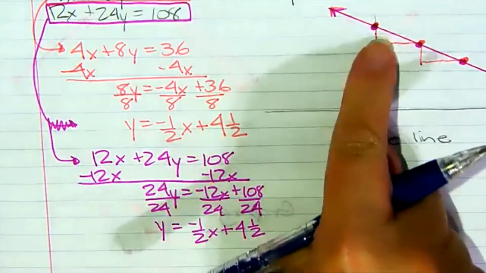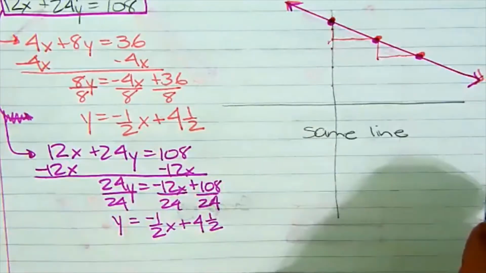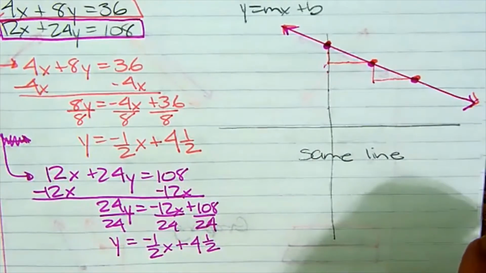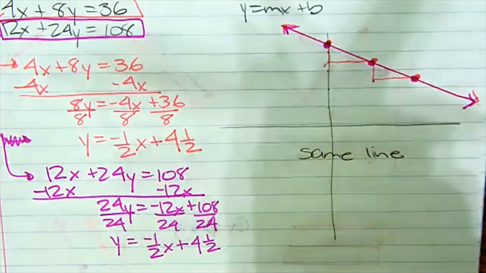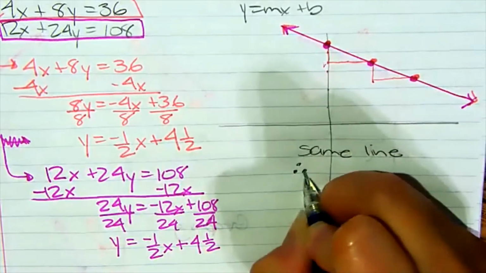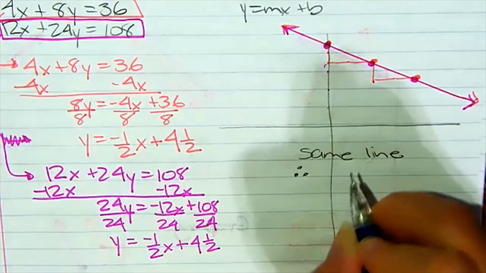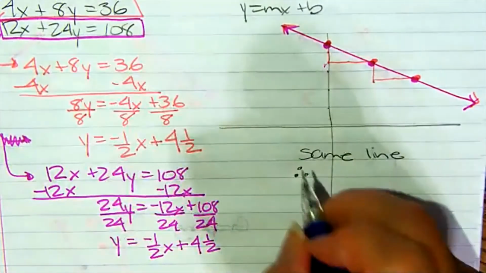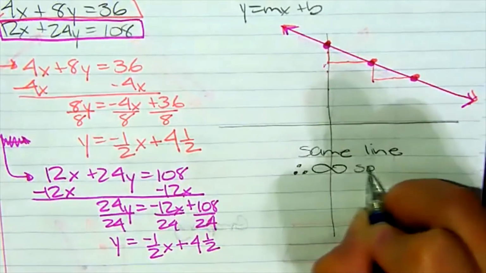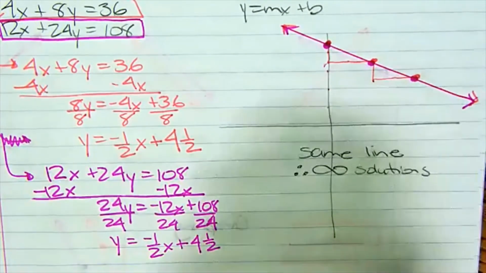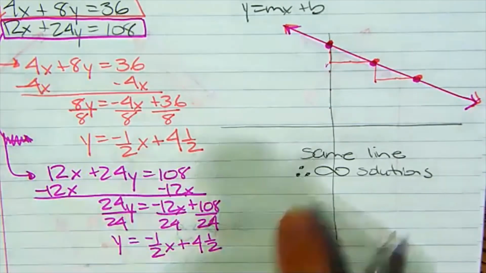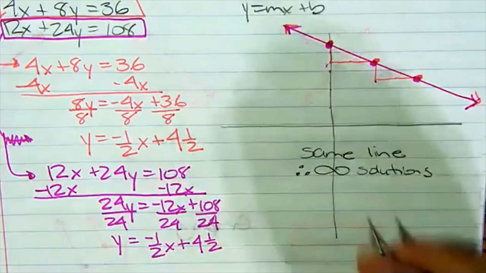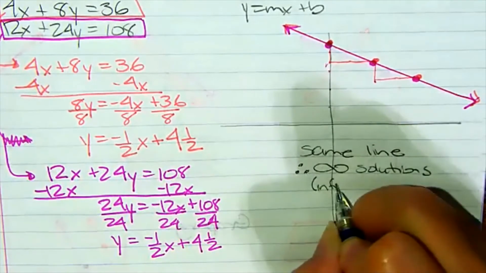That means all of these points are intersecting points. It's the same line, so all of these points are intersecting points. Therefore, this system of equations has infinite solutions. And if you don't remember, this is the symbol for infinity.